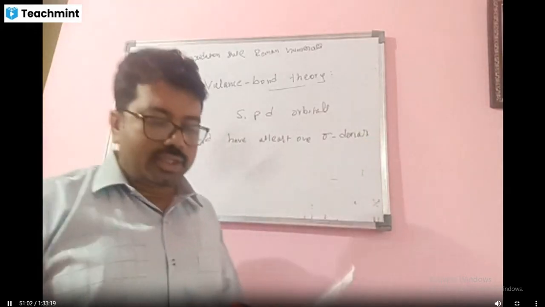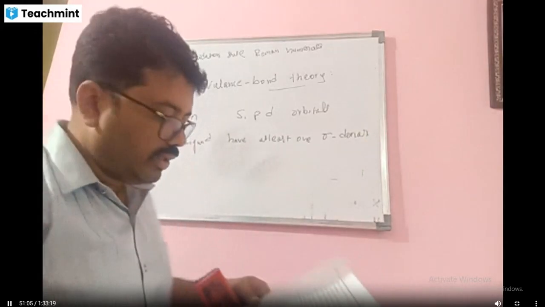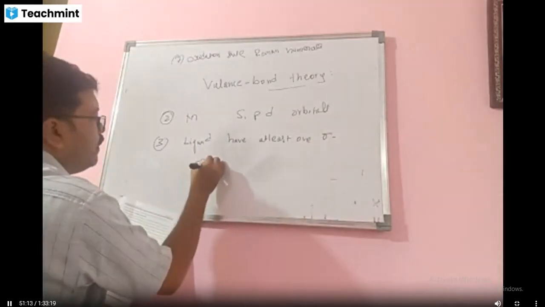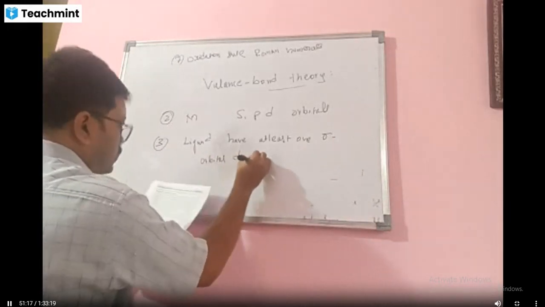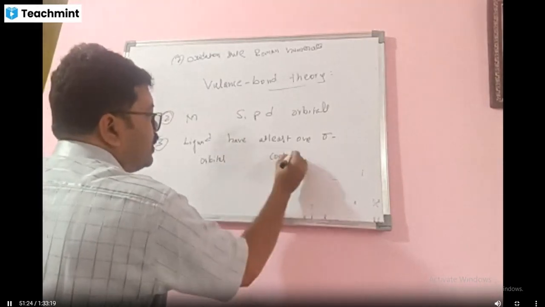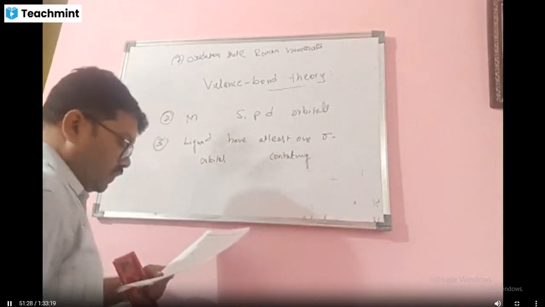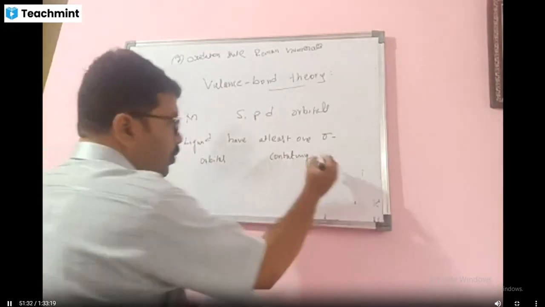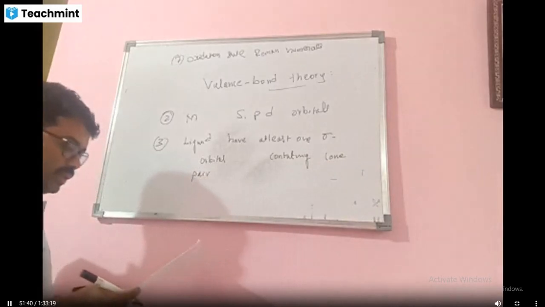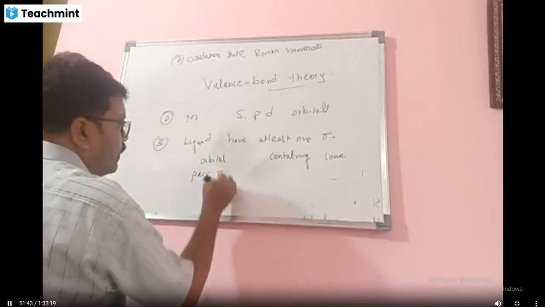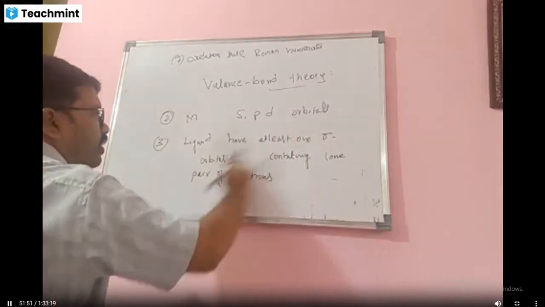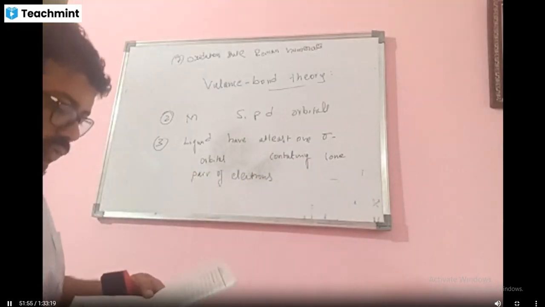At least one lone pair must be there. The ligand has at least one sigma orbital containing a lone pair of electrons.